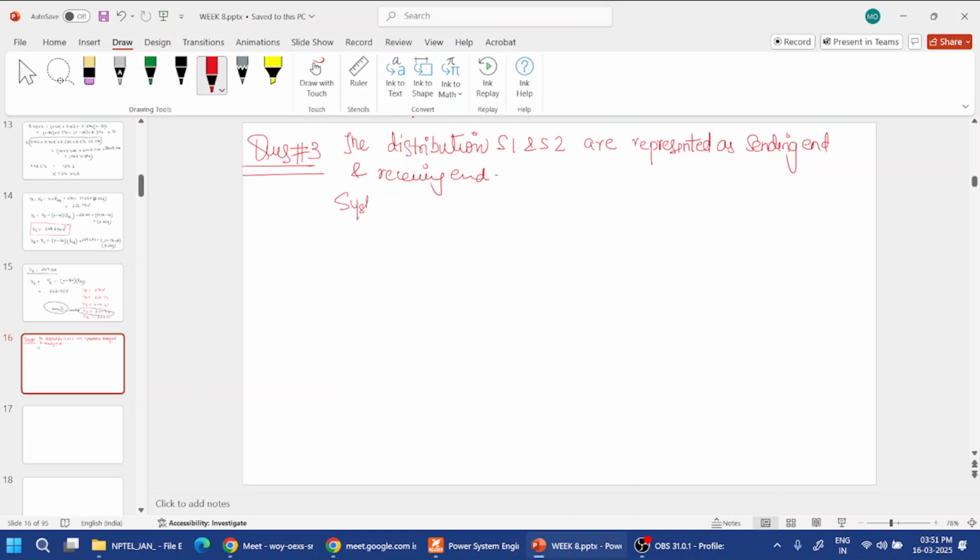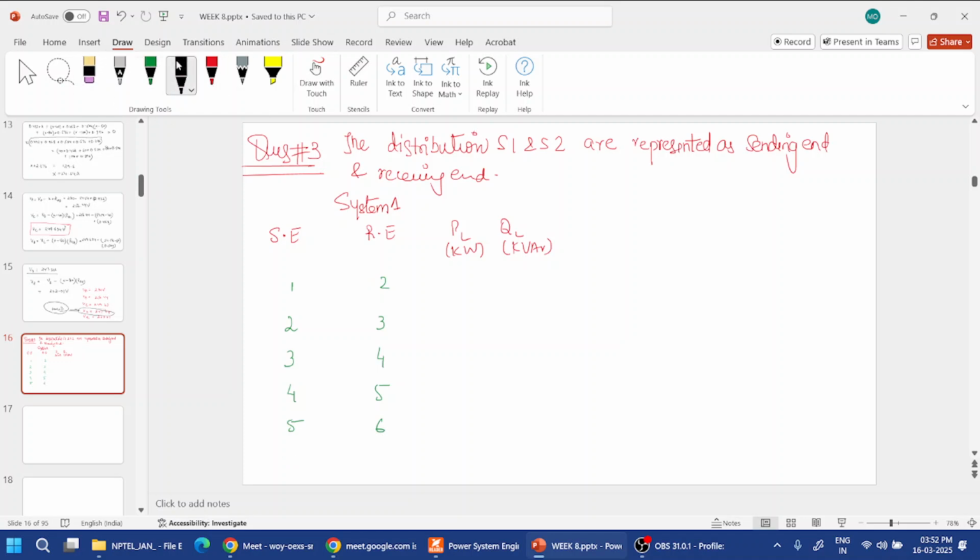So system 1: sending end, receiving end, PL and QL, given in kW and kVAR. First sending end nodes 1, 2, 3, 4, 5 and 6, receiving end nodes 2, 3, 4, 5 and 6.